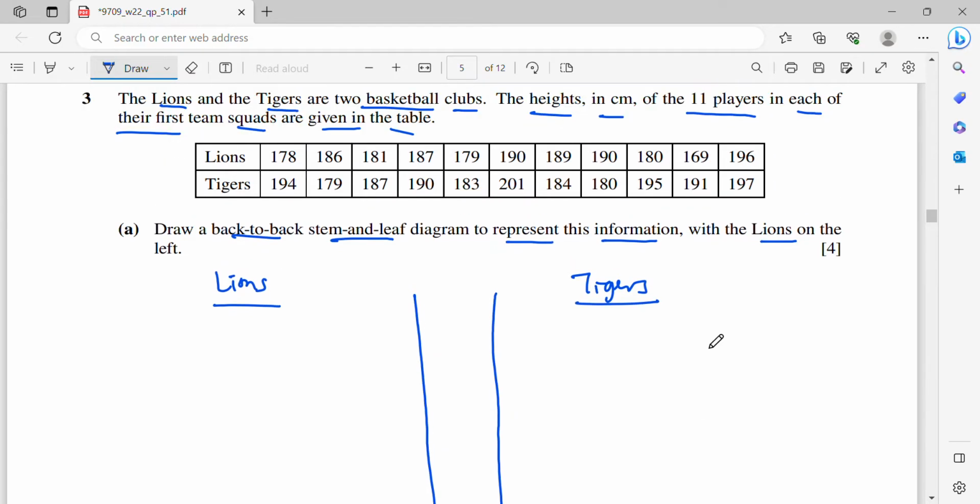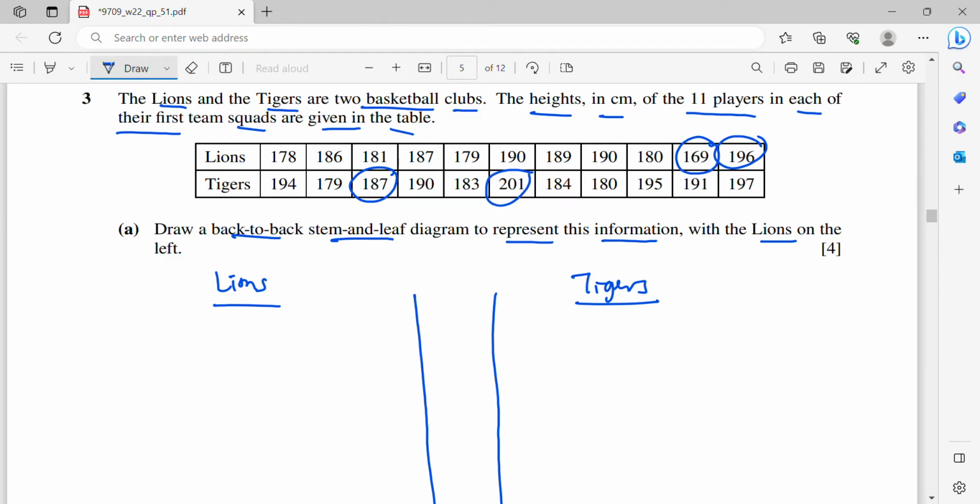Okay, so now when you look at the data here, they are not arranged in order, but we know that for the Lions, the smallest is 169, the biggest is 196. Same for the Tigers, the smallest is 179. Oh no, the smallest is 187 and the biggest is 201.